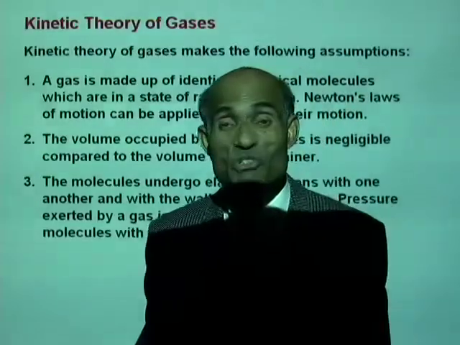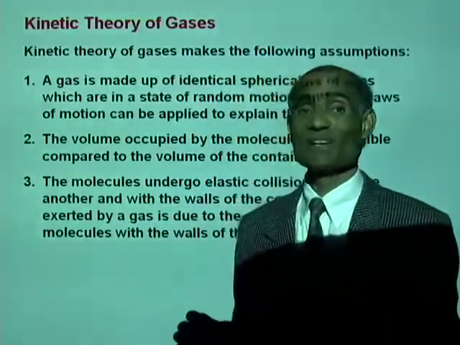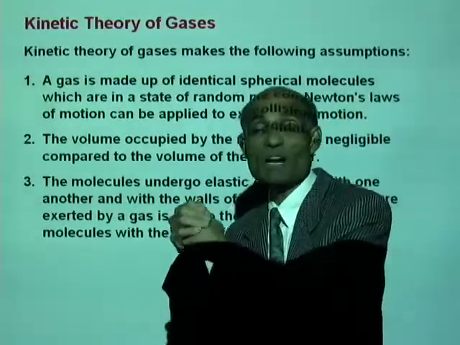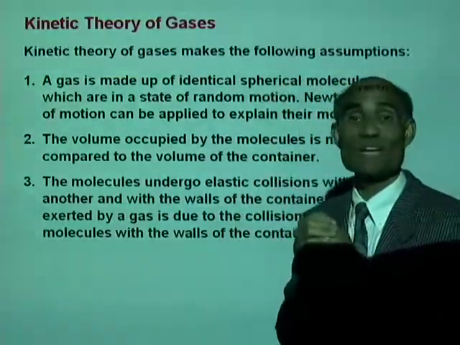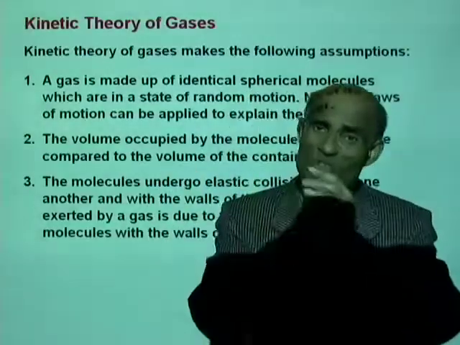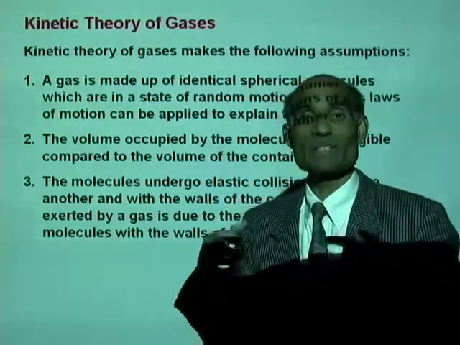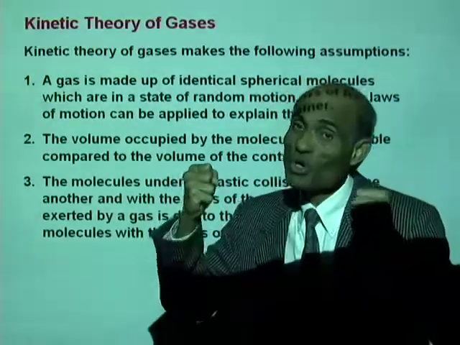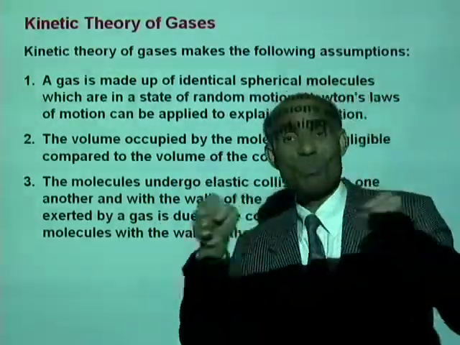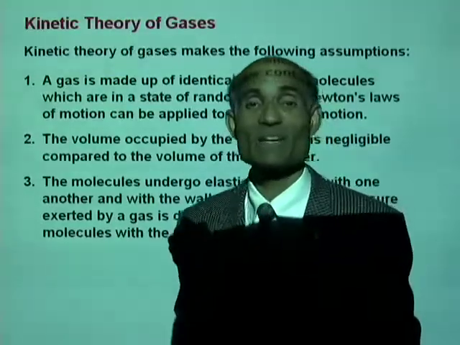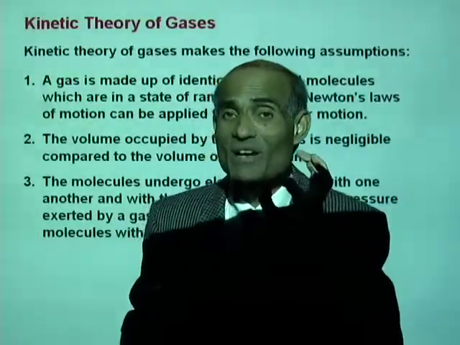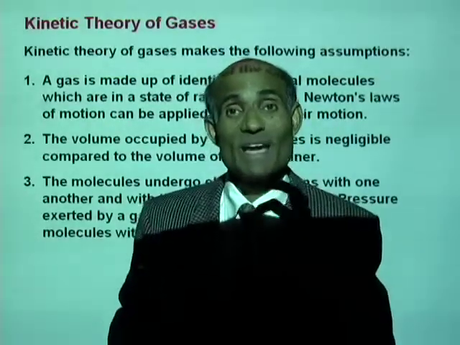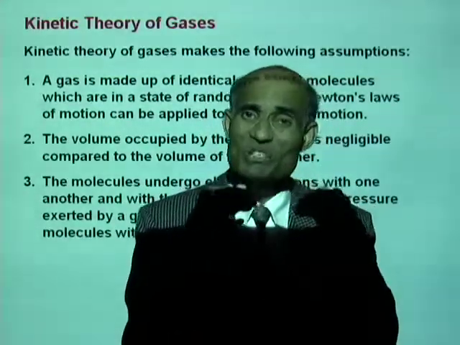And the pressure exerted by a gas is actually due to the changes in momentum they impart on the walls of the container. They are hitting continuously on the walls of the container. Pressure exerted by a gas is due to the hitting of these molecules on the walls of the container. You remember we said at absolute zero, at 0 Kelvin, a gas ceases to have any pressure.